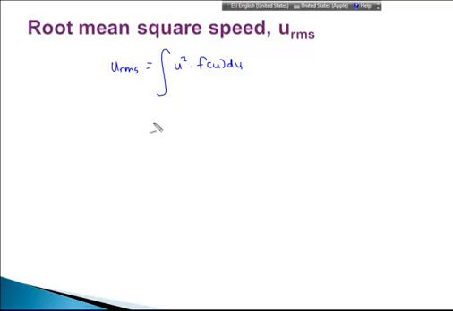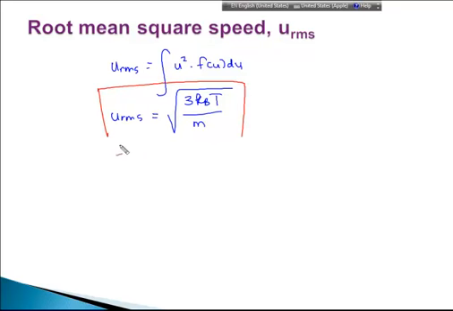The final derivations and solutions of this is equal to the square root of 3 kbT over m. This is the root mean square speed.